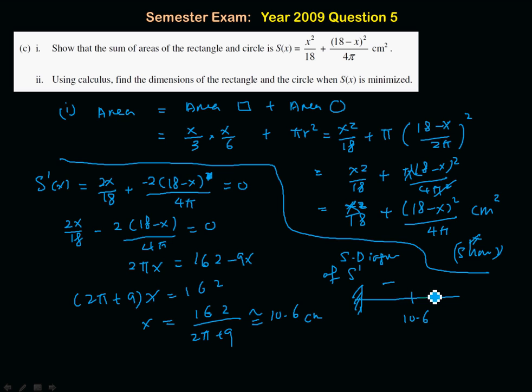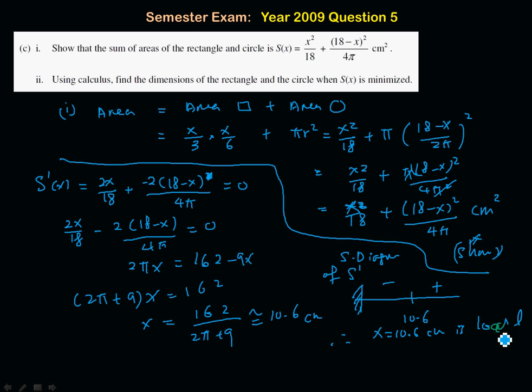Choose 11, slightly larger than 10.6, and you'll find that it's positive. So you can conclude that x equals 10.6 cm is a local minimum.